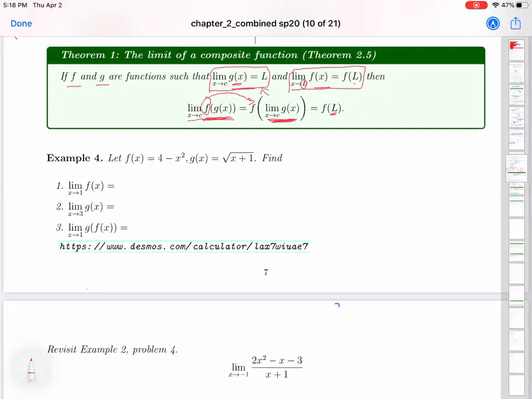Now let's look at this example. You have two different functions, f of x and g of x. The limit of f of x as x goes to 1, we can plug it in, so it's going to be 3, right? And then you want to find the limit of g of x as x goes to 3, which you can still plug in to get the square root of 4, which equals 2. And the next question is, what is the limit of this composite function? Let me check. Can we pull the g out?